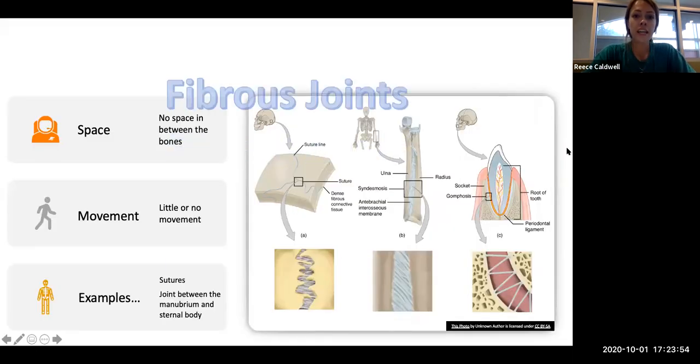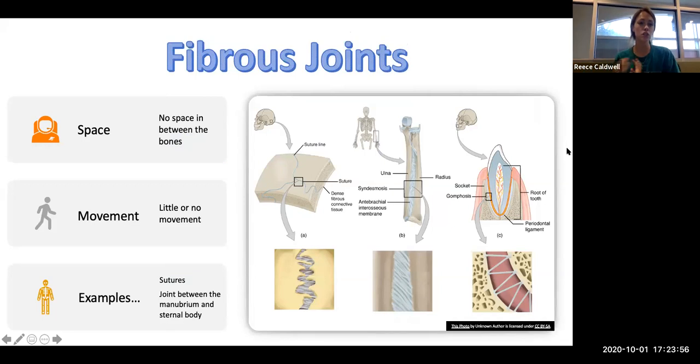When we're looking at fibrous joints, these are joints that have little or no movement. An example of this would be the sutures in the skull. When we looked at the skull, we have 2 bones on the top of our head. If we were in person, I'd ask what those bones are, but on Zoom it takes a long time. Those 2 bones are the parietal bones, and they are fused together by the sagittal suture.